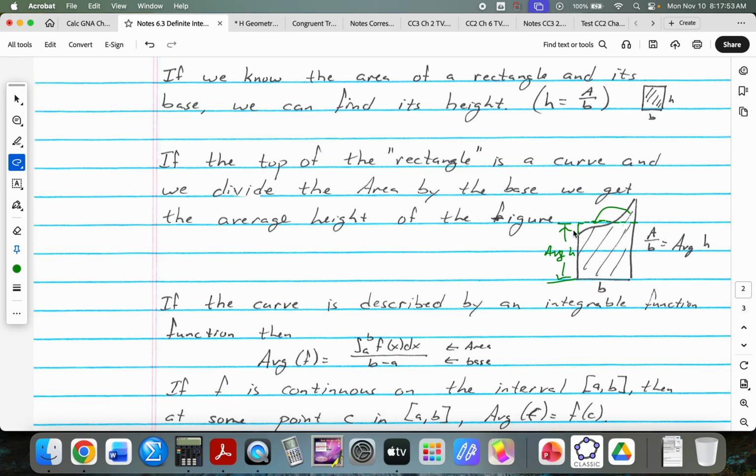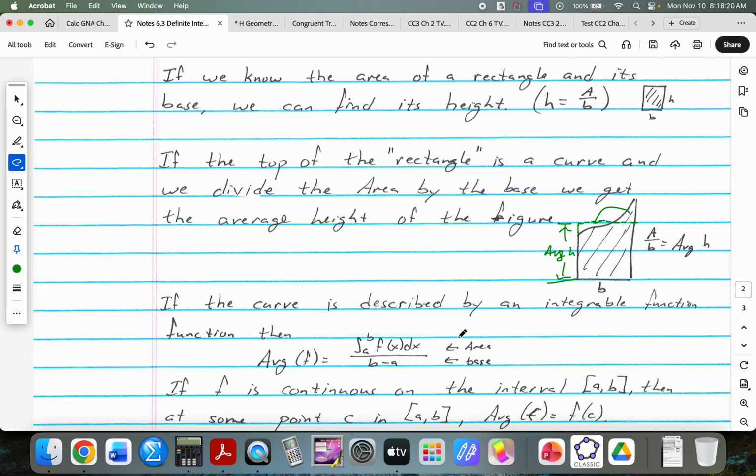So if that curve in this picture is described by an integrable function, then the average value of f is equal to the integral from a to b of f of x dx over b minus a. b minus a will be the base, and the integral from a to b of f of x dx will be the area.